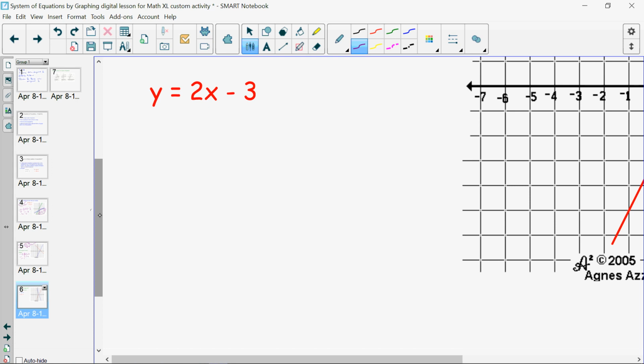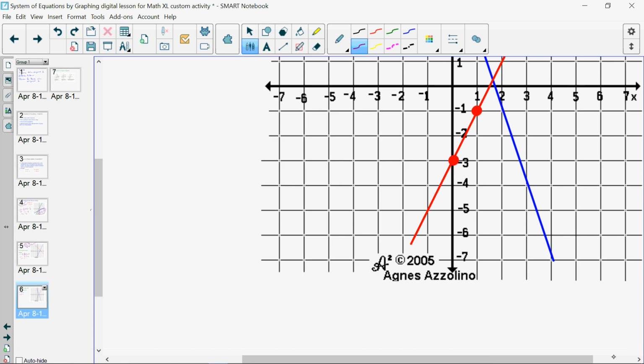There we go. All right, so if you'll notice, where these two lines cross is not exactly through the corner of a square. Actually, it's not close to both corners of a square. It's almost on the x-axis, but it's even a little above that.